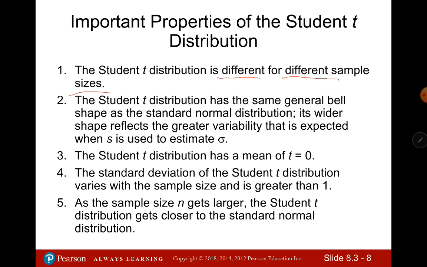But no matter what the degrees of freedom or the sample size is, the t-distribution is still a bell-shaped curve. That means it's still like a normal distribution.